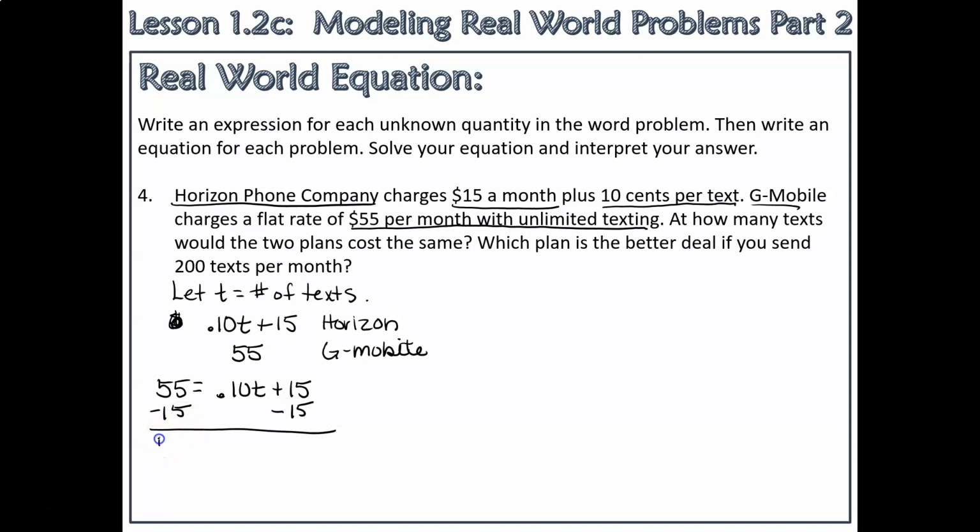So now I have 40 equals 10 cents T. If you divide each side by 10 cents, T is 400. After 400 texts, they cost the same.